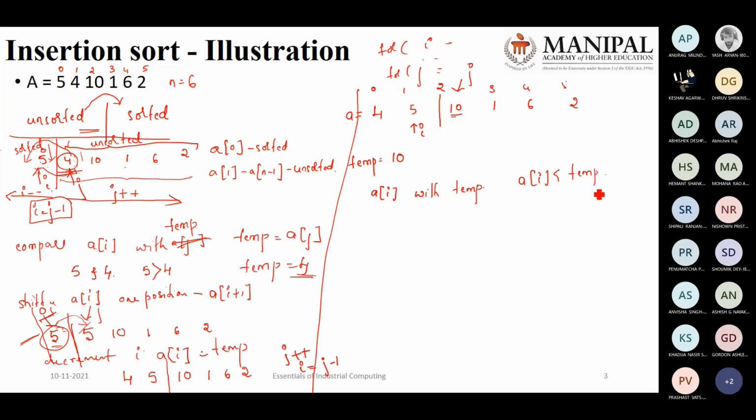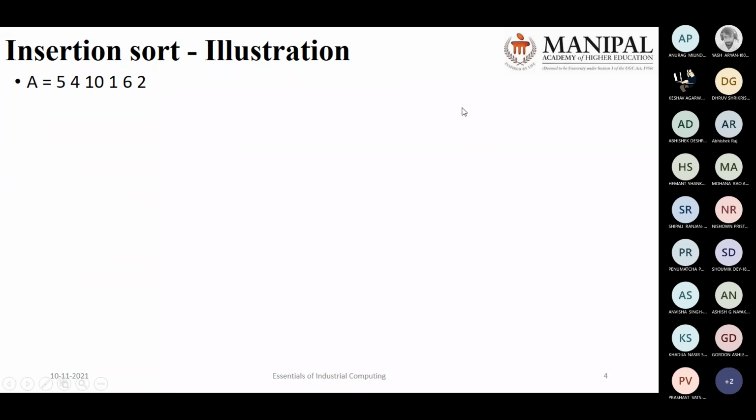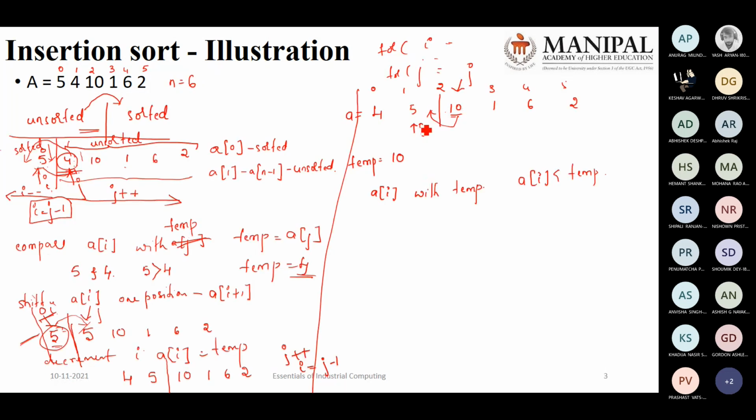When A of I is less than temp, you know that this has to be inserted at the end of the sorted list, right? 10 should be added to the end of the sorted list because after 5 you get 10. So in the sorted list: 4, 5, 10. So whenever you come across a condition where A of I is less than temp, you can directly insert A of j at the end of the sorted list.